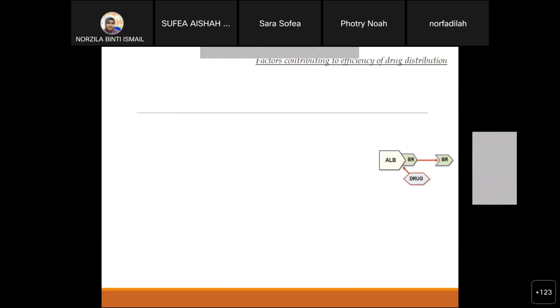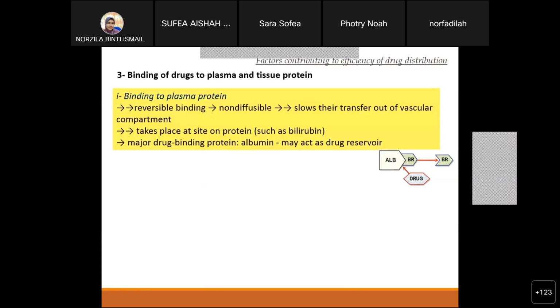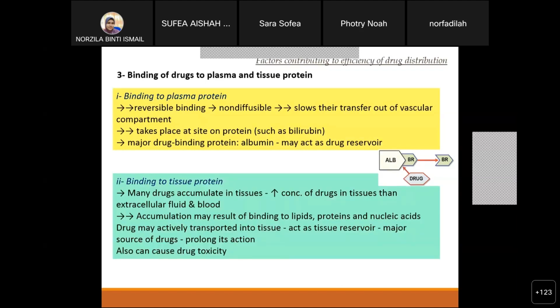The next factor is the binding of drugs to plasma and tissue proteins. Inside the blood vessels, some drugs can bind to plasma protein. When the drugs bind to the plasma protein, they form a bigger complex.